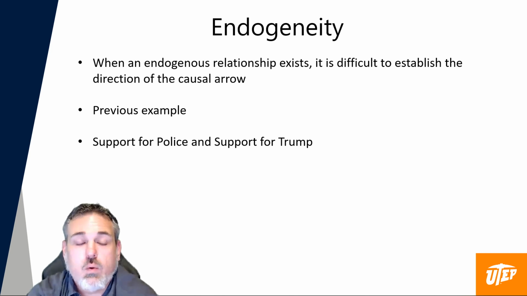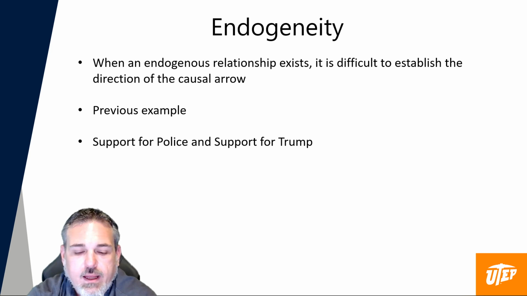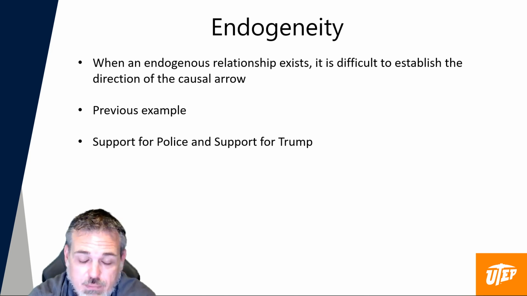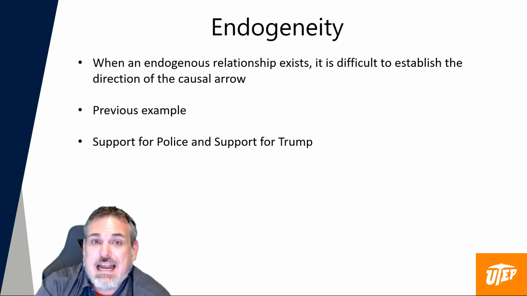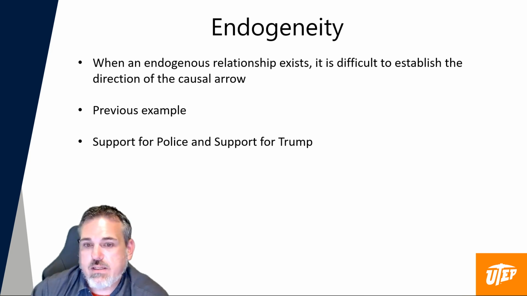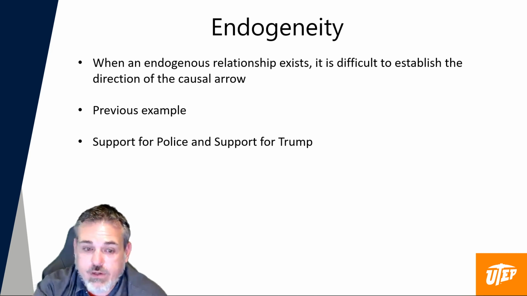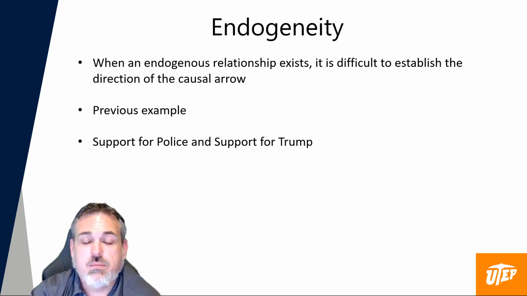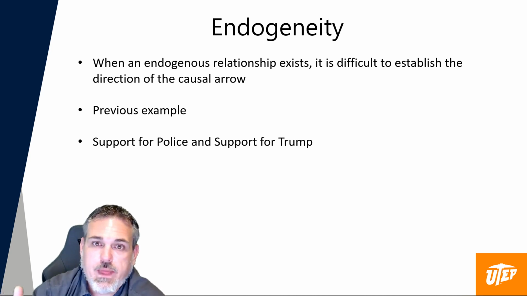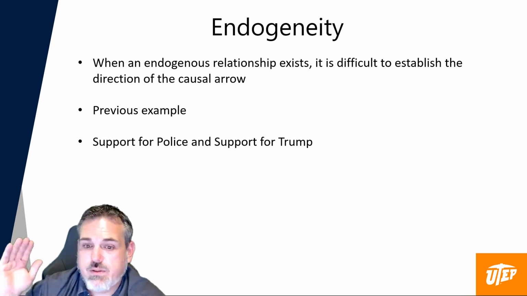Now, in qualitative research, there are ways that you can do this: observing your variables at different times, observing your cases at different times, observing different parts of your cases at different times, so that at the very minimum, you can set up the chronology of the circumstance. So in quantitative research, how could we assess whether those individuals that supported the police changed to support Donald Trump versus individuals who supported Trump now support the police?